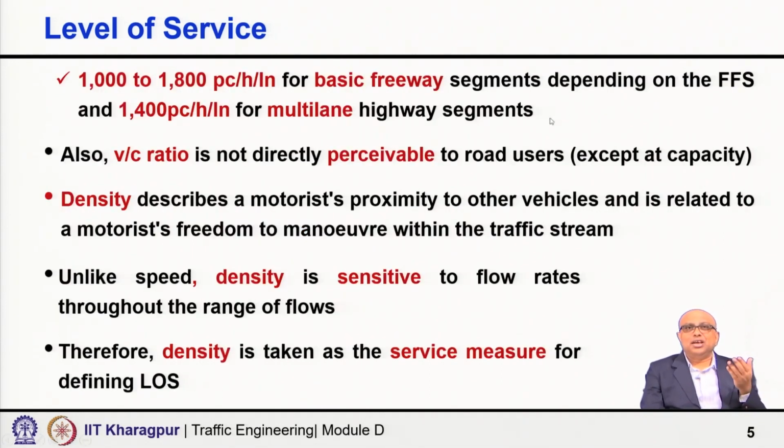As I said, for basic freeway, almost up to 1000 to 1800 passenger cars per hour per lane, the speed is actually equal to the free flow speed. Similarly, for multi-lane highway segments, for a flow of up to 1400 passenger cars per hour per lane, the speed is like free flow speed.